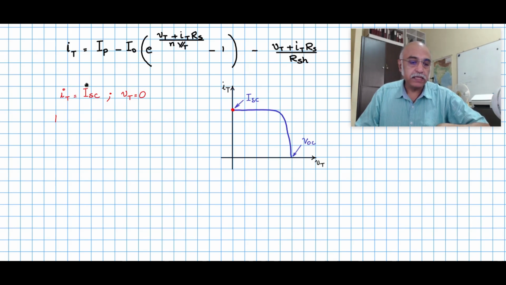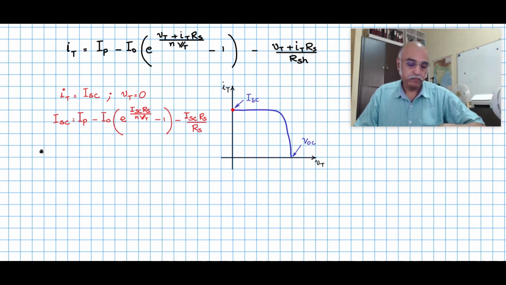V terminal is 0 because you have short circuited the output terminals. So applying these constraints into this equation, you see that IT is nothing but ISC, which is equal to the photocurrent IP minus I0 times e to the power of (ISC Rs) by N times the voltage equivalent of temperature, minus 1, minus the shunt component of the current, which will be written as ISC Rs by R shunt because VT is 0.